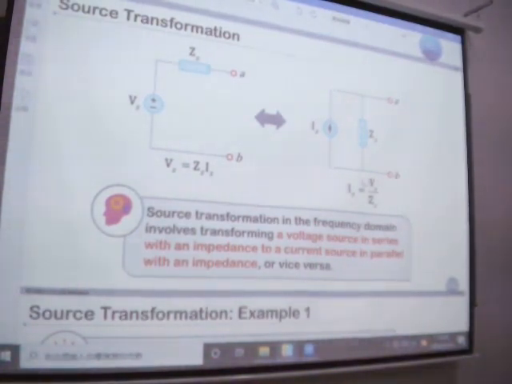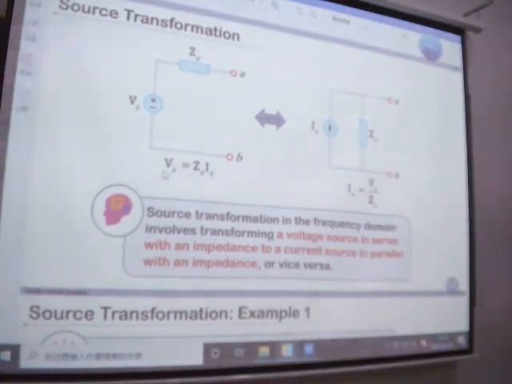So for this figure, we have Is equal to Vs over Zs. If we want to transfer this one to this one, our Is is equal to Vs over Zs. If we want to transfer this figure to this figure, you notice the Zs is always the same, but the source value is different.